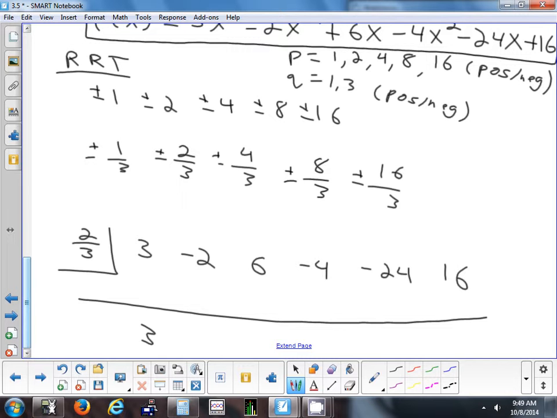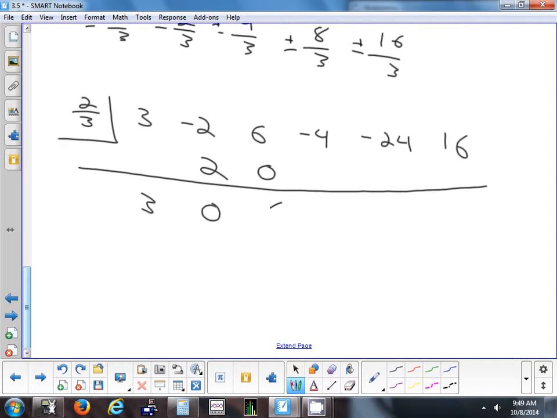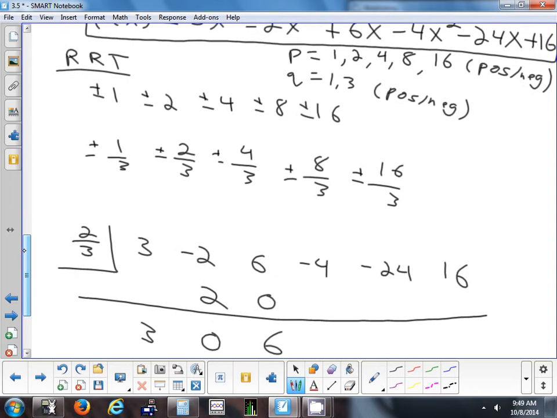Okay, bring down the 3. 2/3 times 3 is just 2. -2 plus 2 gives me 0. 0 times 2/3 is 0. 6 plus 0 gives me 6. 6 times 2 is 12, divided by 3 is 4. See how these zeros are popping up?